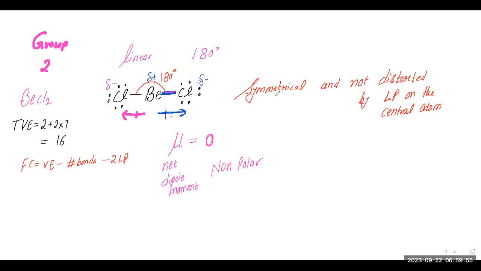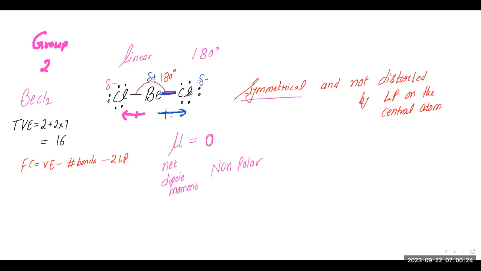Whenever we say the molecule is symmetrical, then you must see that it should have identical atoms around it. Symmetrical, identical atoms, not distorted by lone pair. So then you will say, oh, okay, there is no lone pair, so there is no repulsion. Lone pairs are going to repel more because they are not shared by two atoms.